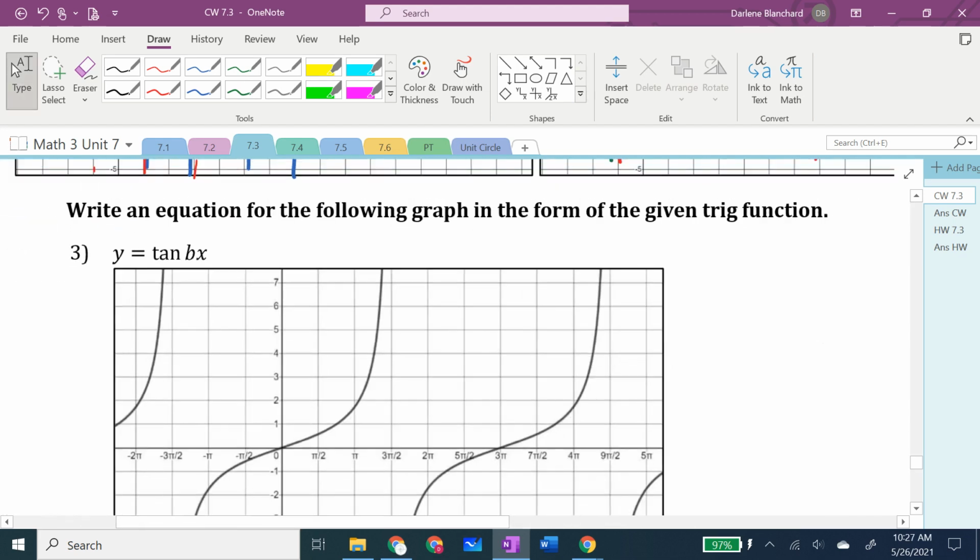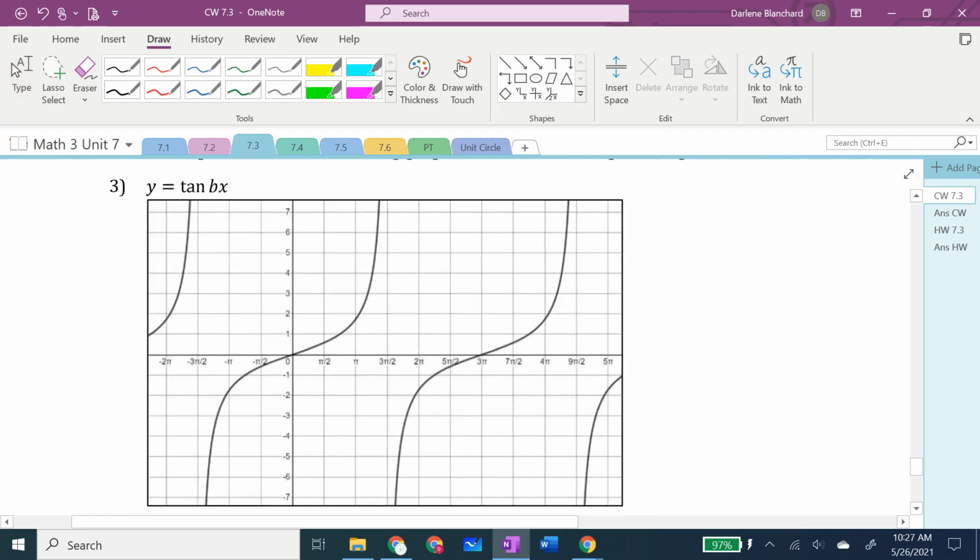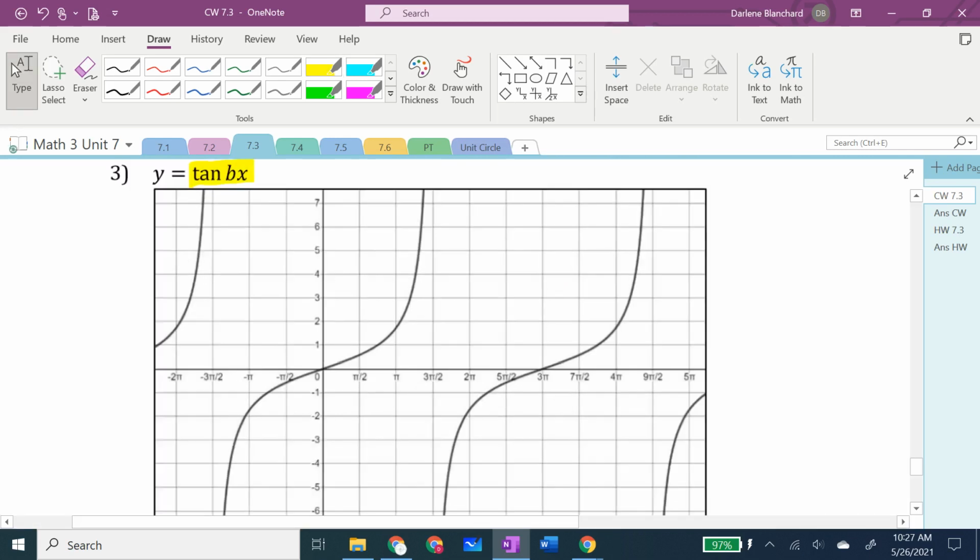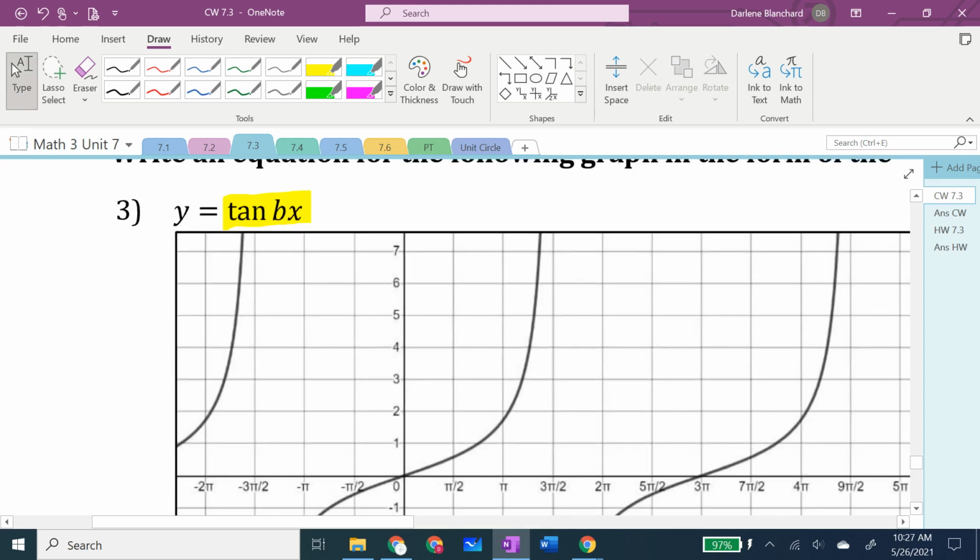The other thing you're going to be asked to do is figure out what equation each of these are. Make sure you pay attention to the equation given. You only need to figure out what is that number b, and you're told it's a tangent graph.